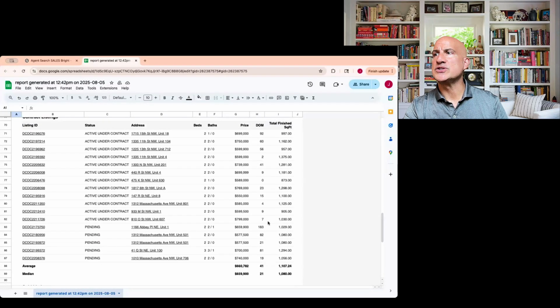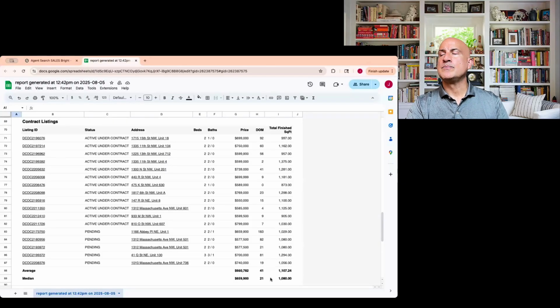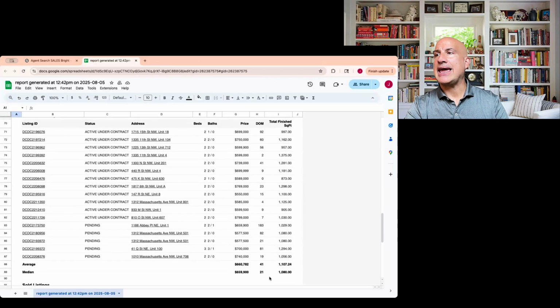What that tells me is that the homes that are priced well, marketed well, in good condition so far, are also a little larger. Notice the square footage increase of about 50, 70 square feet. They're a little larger.